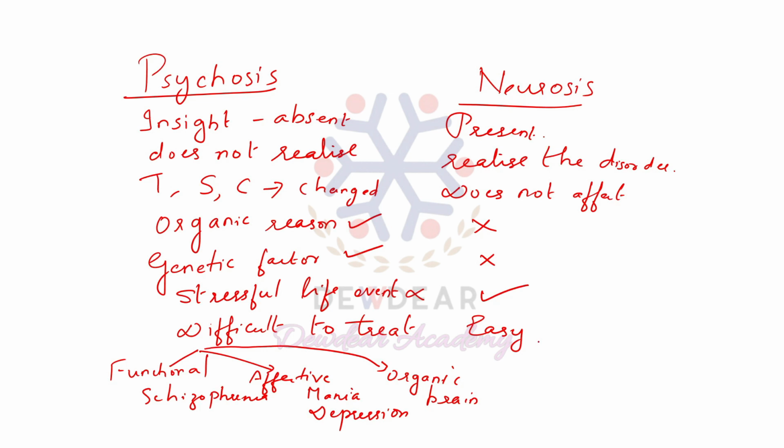Then neurosis mainly includes anxiety disorders and panic attacks. Severe anxiety includes the panic attack, so that comes in neurosis. Then depressive neurosis, hysterical neurosis, hysteria, then phobia or fear, and also OCD.